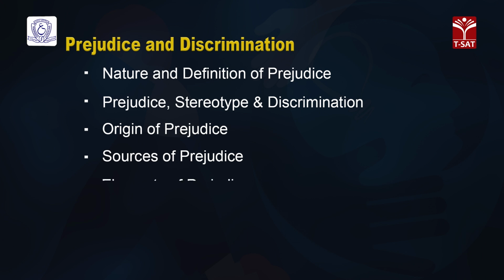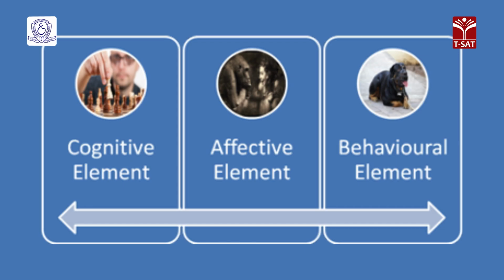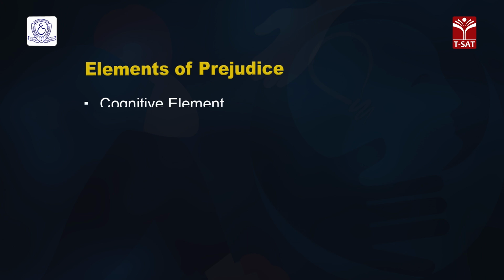So, moving on to the elements of prejudice. There are three types of elements in prejudice: cognitive element, affective element, and behavioral element. The first one is the cognitive element, and it involves the beliefs held about a particular group. These beliefs are in the form of stereotyping, common but very simple views of what particular groups of people are like.